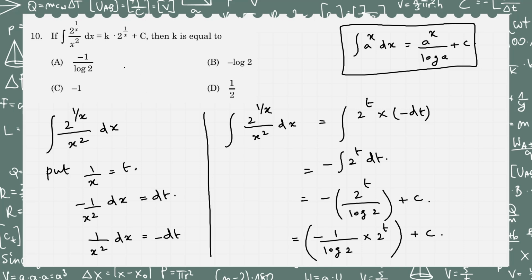Now compare their given answer, k times 2 power 1 by x plus c, with our answer. The place of k is originally taken by minus 1 by log 2. So option A has that, and k is minus 1 by log 2. That is the correct answer.